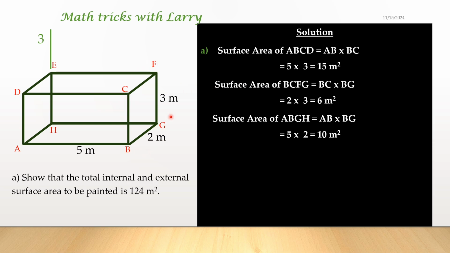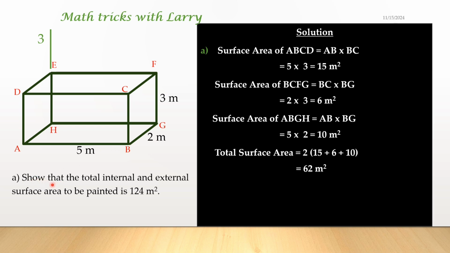Then for this other side, BCFG, which is equal to ADEH, we will also multiply 6 square meters by 2. And for the bottom, since it's equal to the top, we'll also multiply it by 2, such that the total surface area will be equal to 2 times 15 plus 6 plus 10, which gives us 62 square meters.